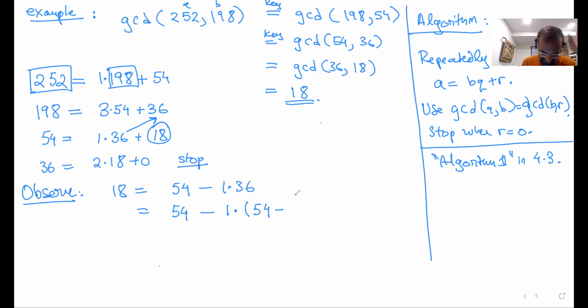Or no, sorry. What am I doing? I want to substitute the second equation into the third equation. This is now 198 minus 3 times 54.